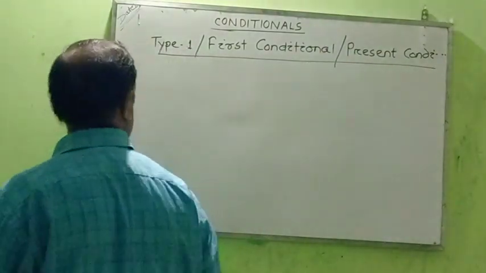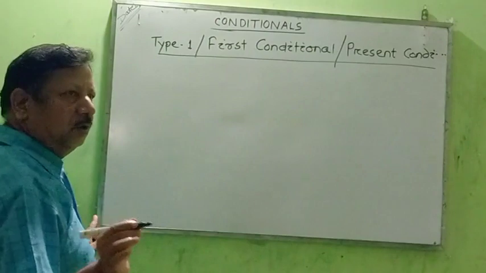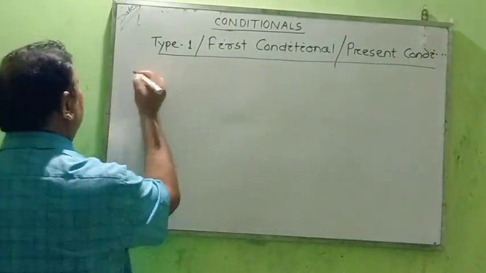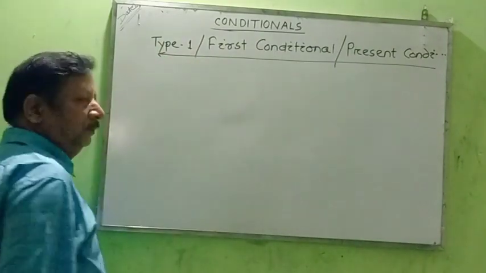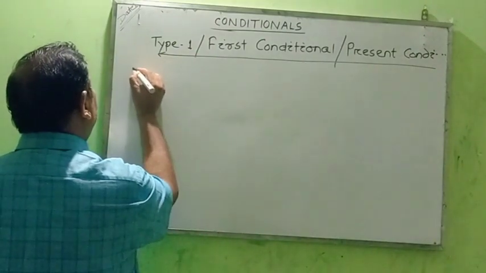See, how is it made, or what is the structure, or what is the form of the first conditional? First of all, if you want to learn it, then it is very clear. Structure.